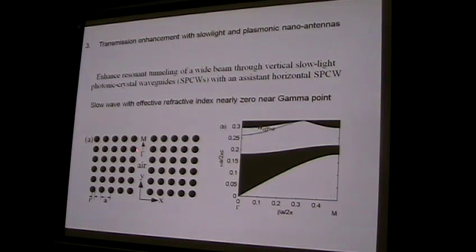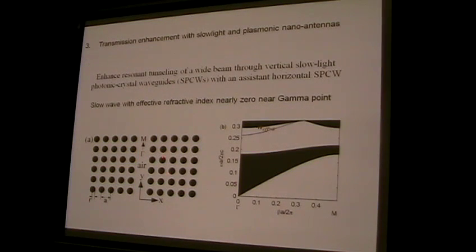For dielectric material, we make this hole a defect of a dielectric photonic crystal. Here is a periodic array of dielectric rods, and here there's a defect. One rod is missing in each column, and this forms a hole.